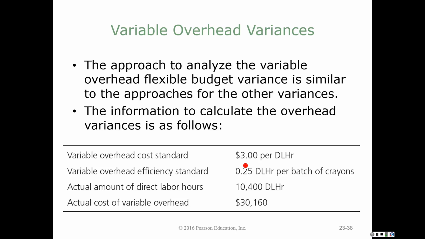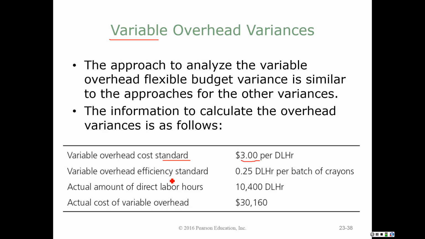So if we're looking at variable overhead, we need some of the following information. We'll break it down into variable and fixed. In variable overhead, we're looking at what is our standard. We had estimated that we would spend $3 in overhead for every direct labor hour that was worked.